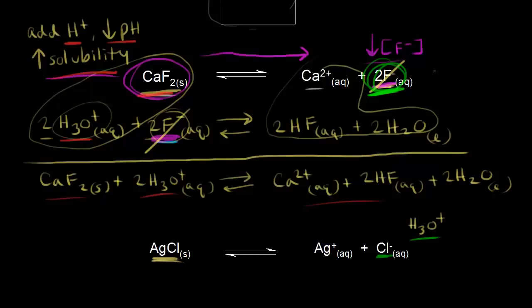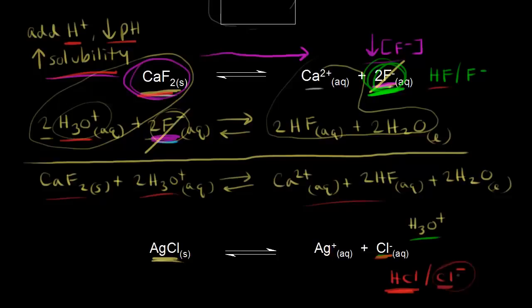So let's think about that. Up here, the fluoride anion, if you think about HF, the conjugate base is F-. Down here, for the chloride anion, it'd be HCl, with the conjugate base being Cl-. The stronger the acid, the weaker the conjugate base. So HCl is a strong acid, a much stronger acid than HF, and therefore Cl-, the conjugate base, is much weaker.